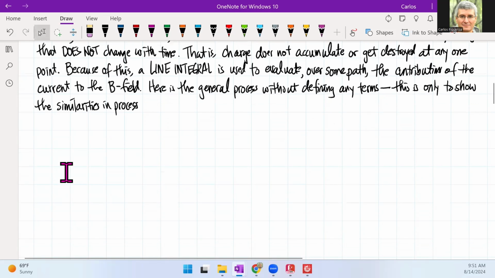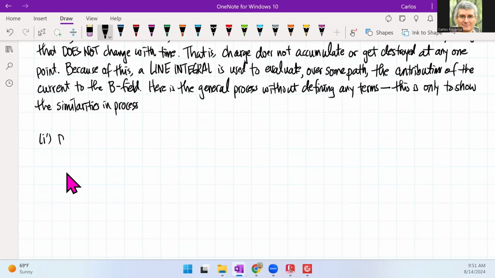So I repeat this now, as we did already. So the first thing that we have to do is we need to describe how a constant current is distributed.